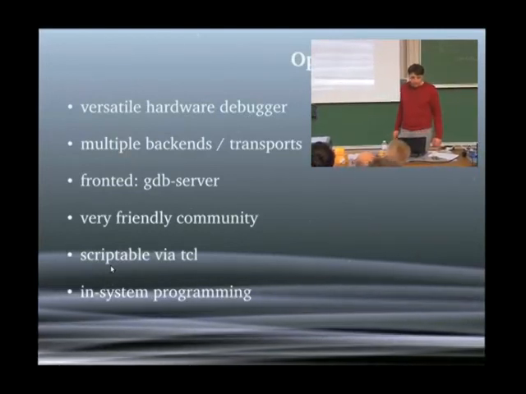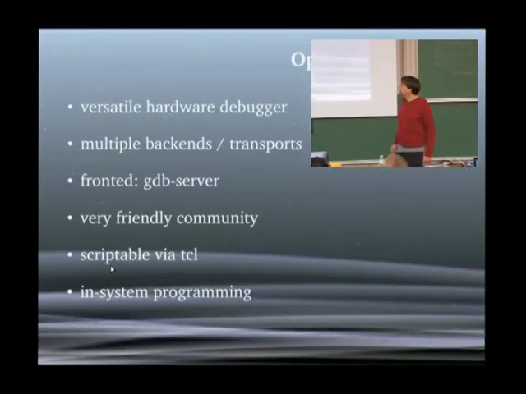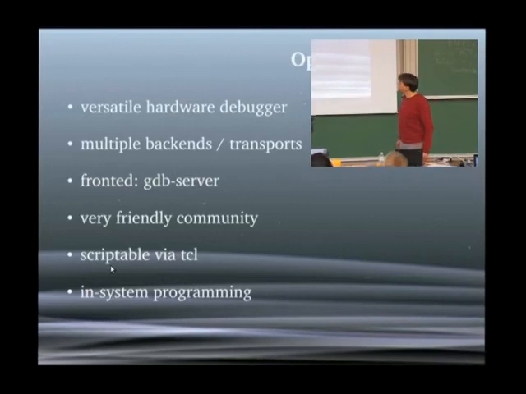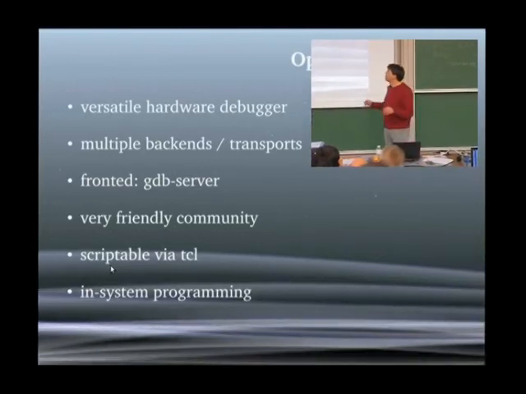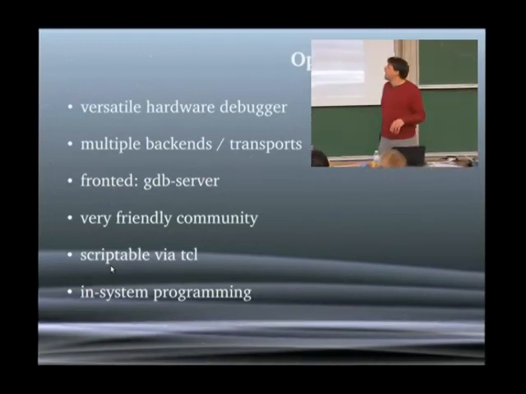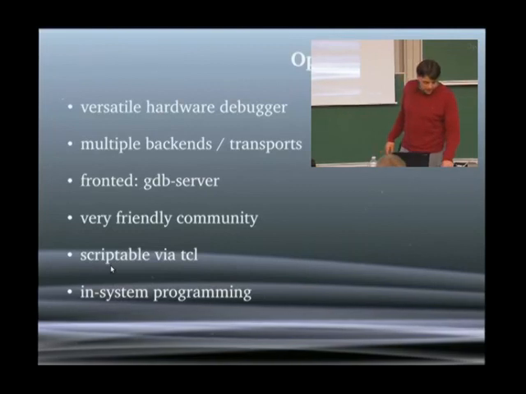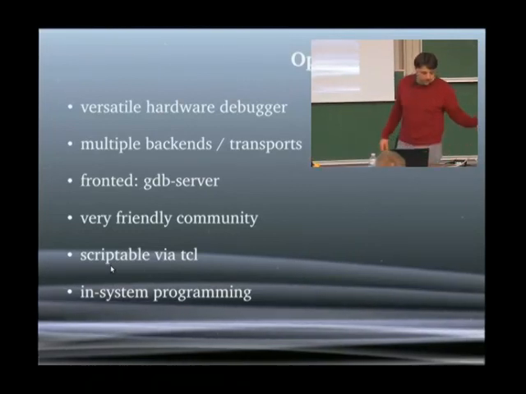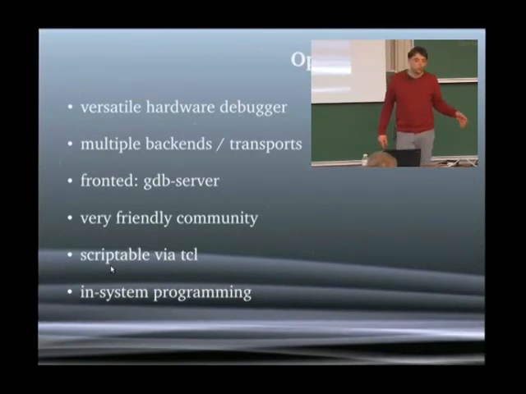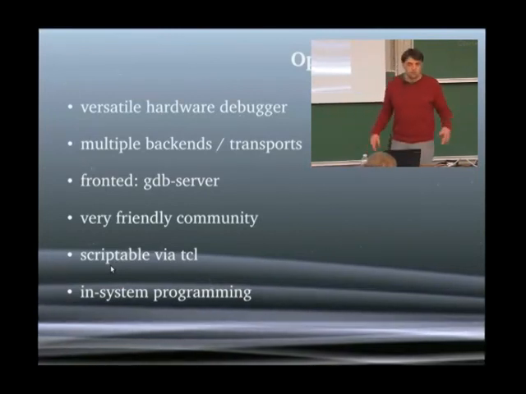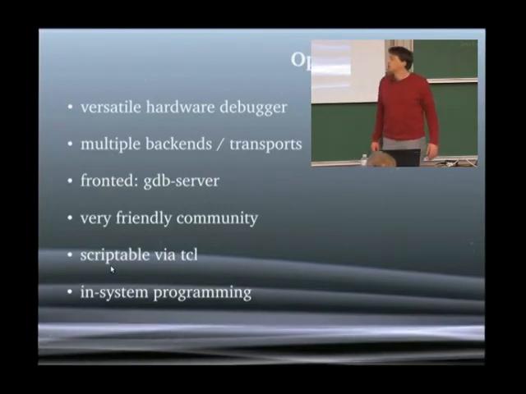I'm just going to talk about OpenOCD. It's a versatile hardware debugger. It has multiple backends, I think they're called transports. You have, I think, an ST-Link on this board, or for the J-Link there are drivers, and drivers for the Bus Pirate and really different stuff.